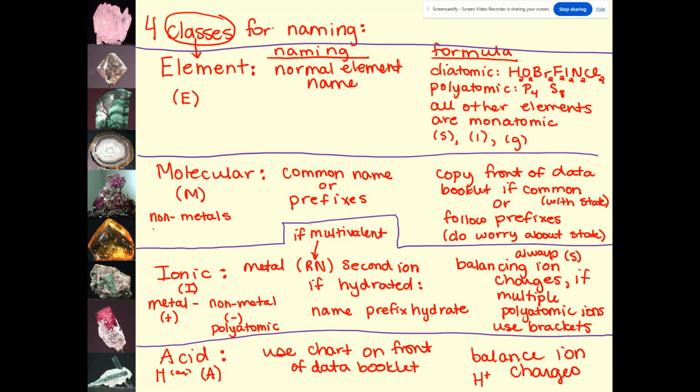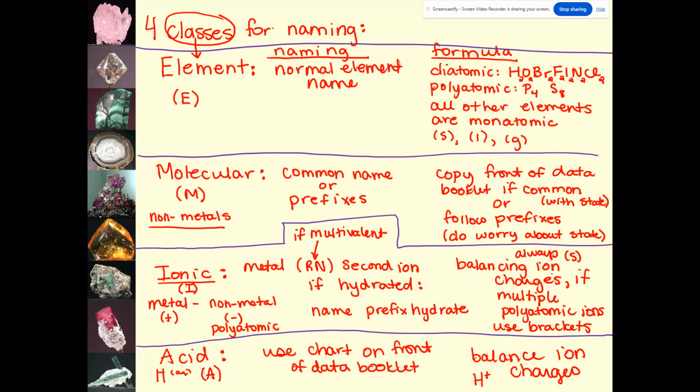You could have a molecular compound if it's made of nonmetals, using a common name or prefixes to name it. Ionic compounds, if it's a metal with a nonmetal or polyatomic ions. Remember, for those naming ones in the last video, you name the metal with the Roman numerals if it's multivalent. Then you name the second ion. If it's hydrated, you include a prefix with the word hydrate.